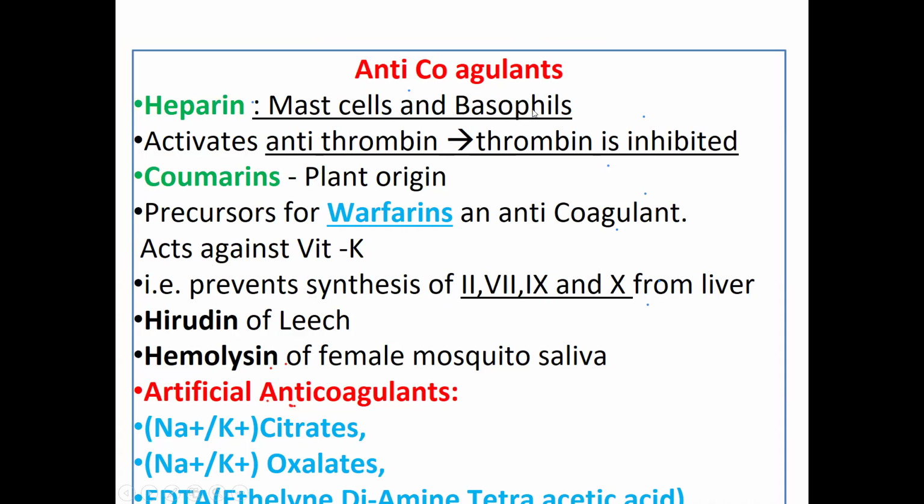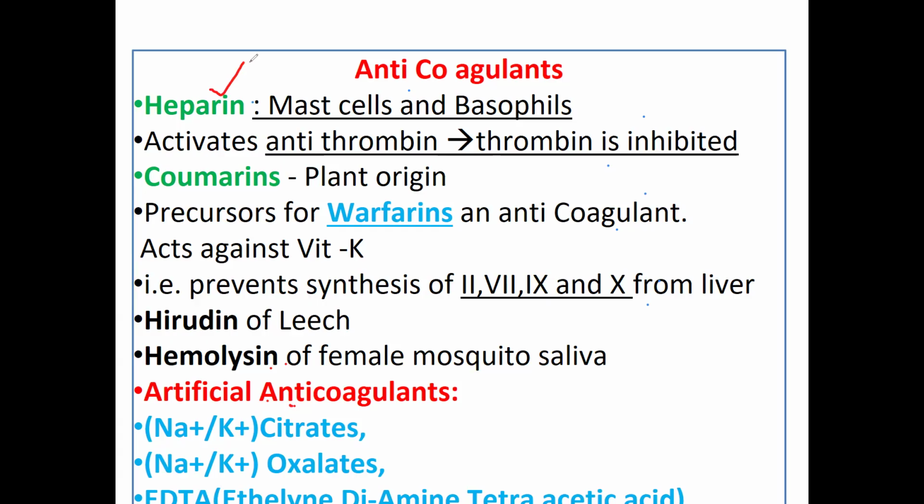Yeah, some of the famous anticoagulants. What are anticoagulants? They prevent the blood coagulation process in the blood. Okay, so heparin is a very important natural anticoagulant, which is essential for us because it is present in the blood. All the blood coagulants are present in the blood, but still blood is not clotted within the blood vessels.